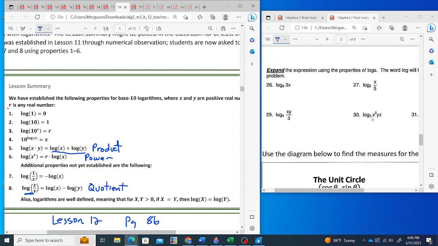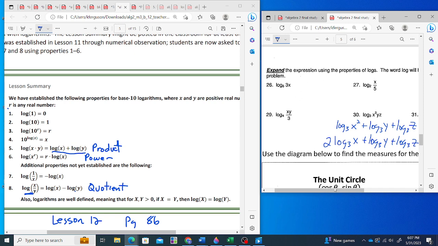And then if we try to sneak by something that looks like this, we're also going to sneak in the power rule, right? For instance, this one right here is log base 3 of x squared plus log base 3 of y plus log base 3 of z. And then with that power rule, that's 2 times log base 3 of x plus log base 3 of y plus log base 3 of z, using the product rule and the power rule.